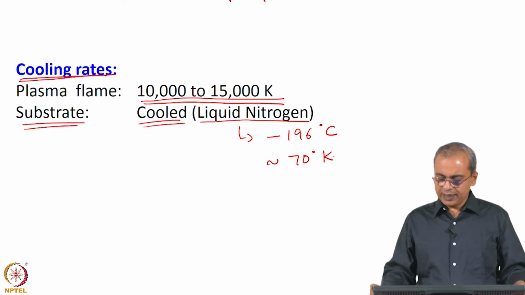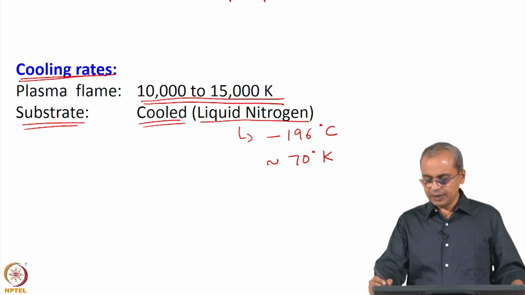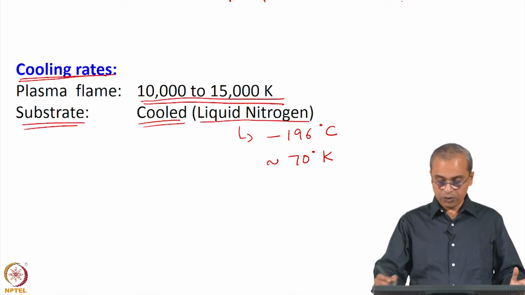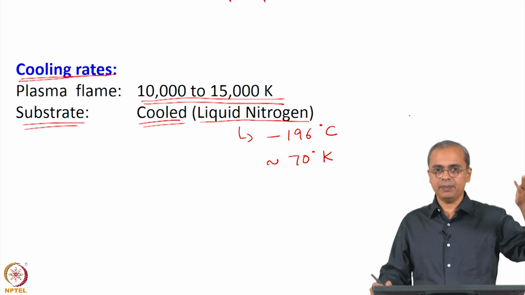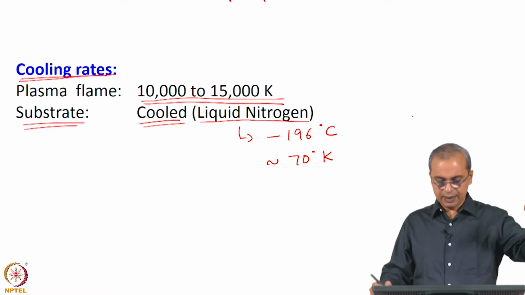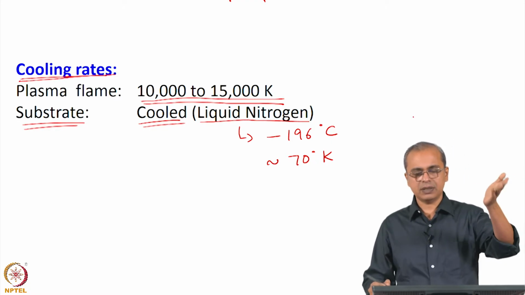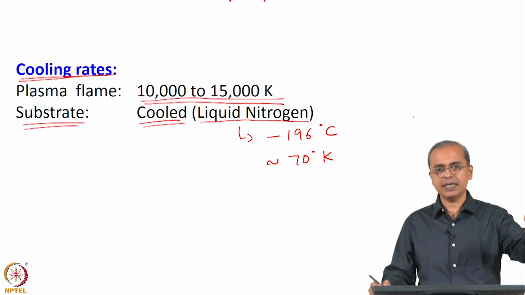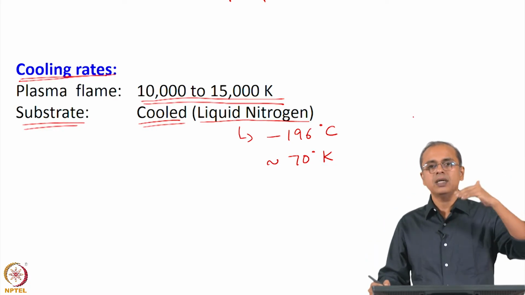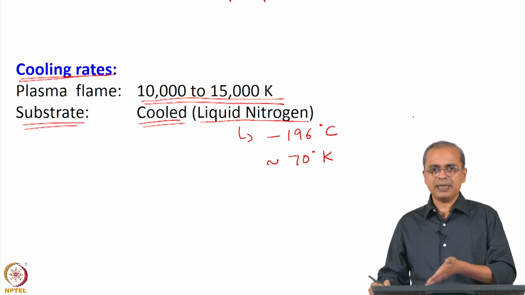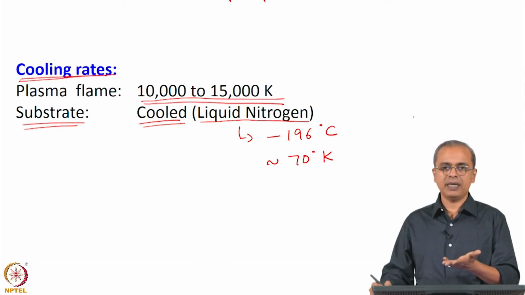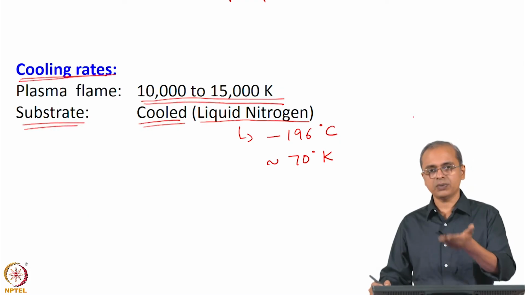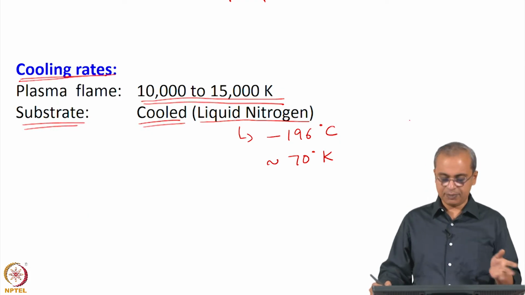So, for all practical purposes, you are going from 10,000 to 15,000 Kelvin, which is roughly double the temperature of the surface of the sun. From that temperature to almost 0, in this context, it is going to be roughly the same, whether you go from 12,000 to 70 or 12,000 to 0; it does not make a big difference.